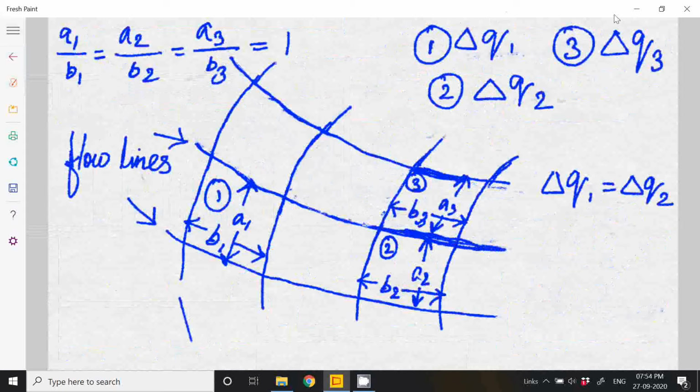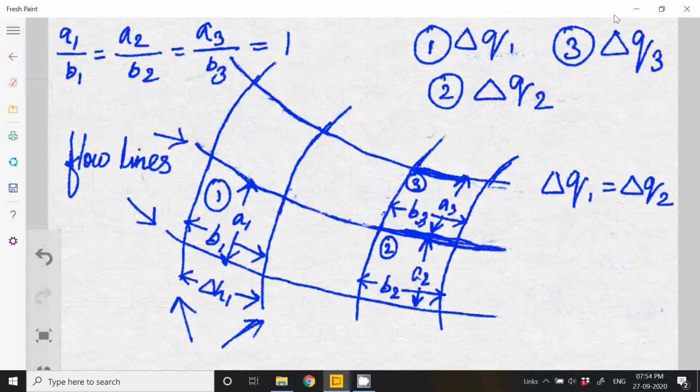Let me take into account one more thing. Between these two equipotential lines, suppose the head change is delta h1. In field 2, suppose the change of head is delta h2.